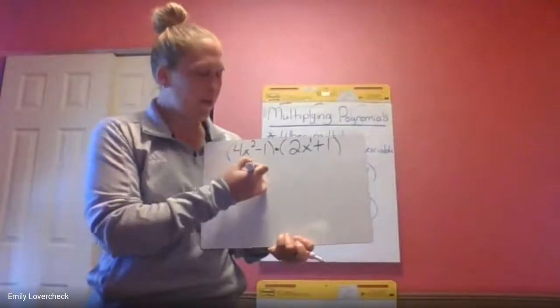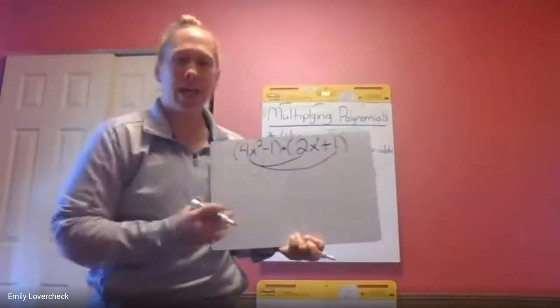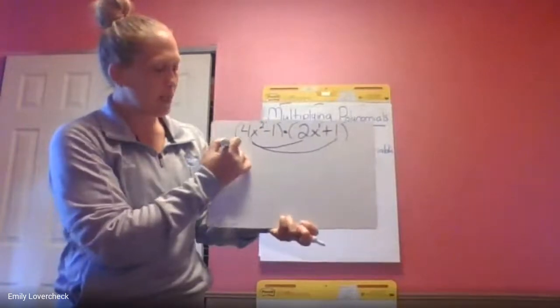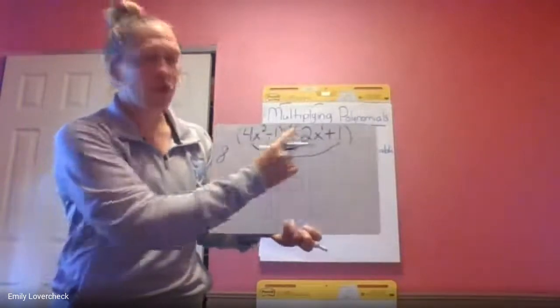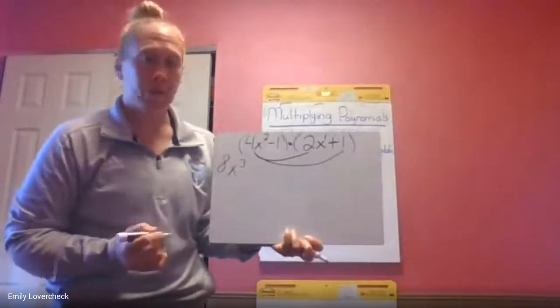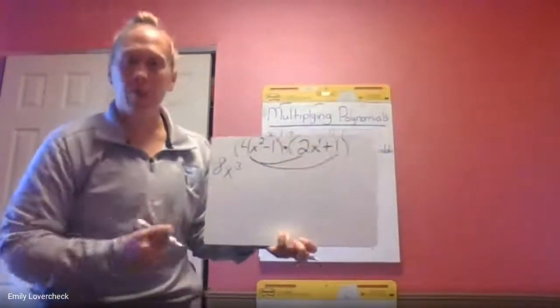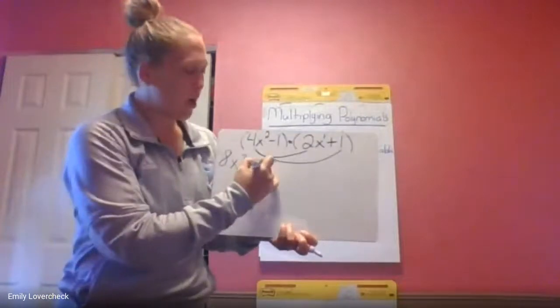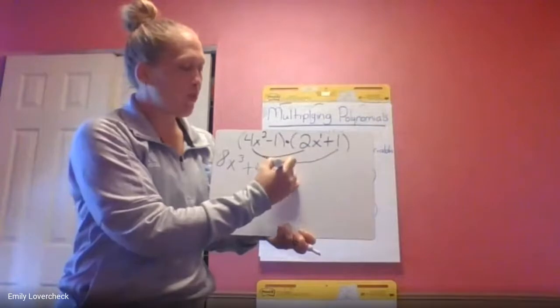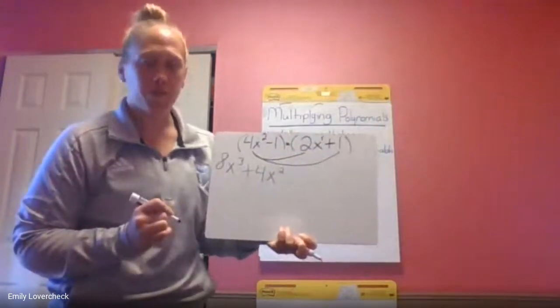So I'm taking this term here, and I'm multiplying it to everything in the second binomial. So 4 times 2 is 8. And then I have an x squared and an x to the first, so I add those together, and I get x cubed. Then I do 4x squared times 1. Well, 4 times 1 is 4. This doesn't have a variable, so I just bring through my x squared.